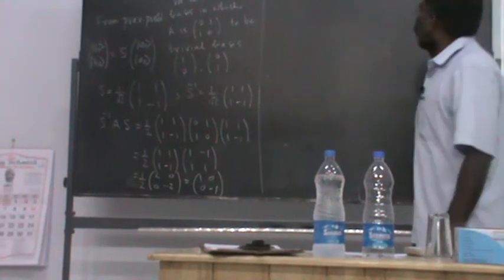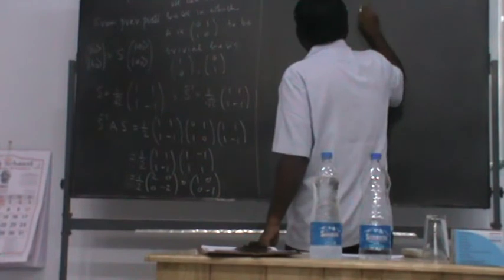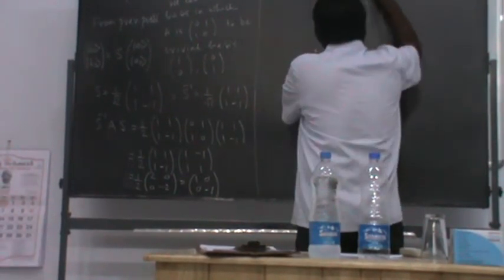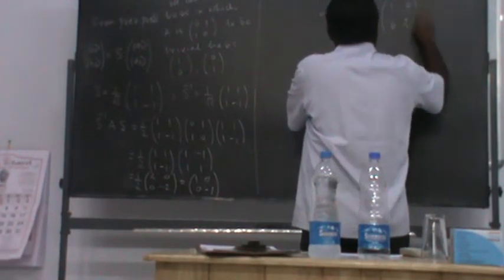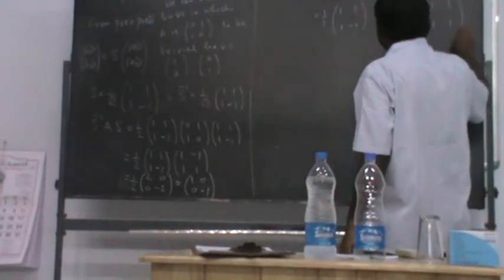Okay. Now what is this? This is equal to 1 by 2 into [1, 1; 1, -1]. The square root of this one is [1, 0; 0, i], into [1, 1; 1, -1].